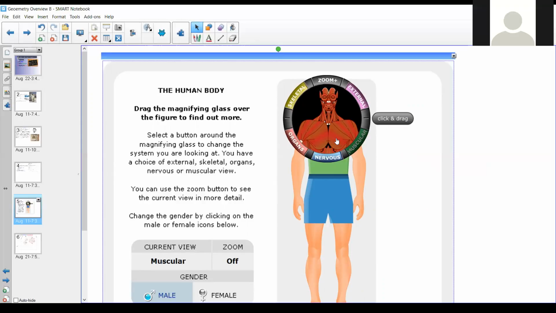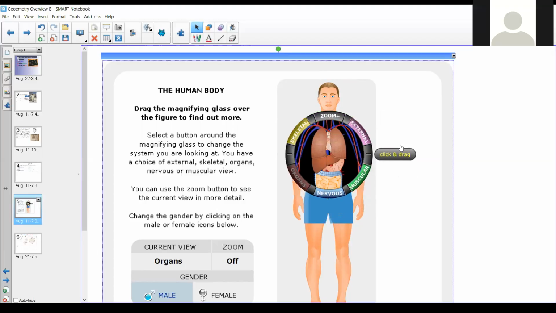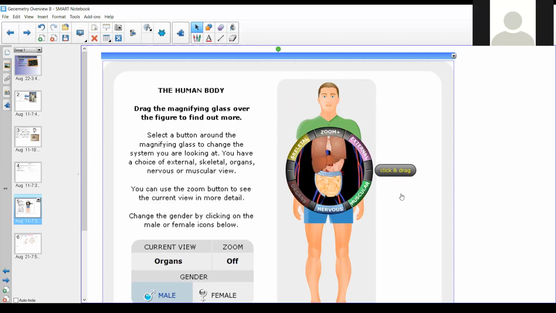You find the properties of the muscular system. You find out how organs function and so forth. Isn't that pretty cool? I'm being serious. I think it's cool, that we could do that.